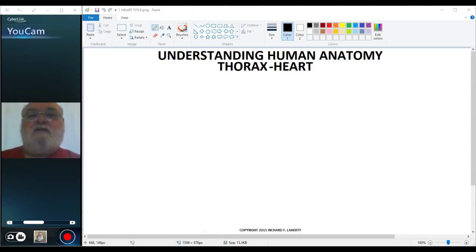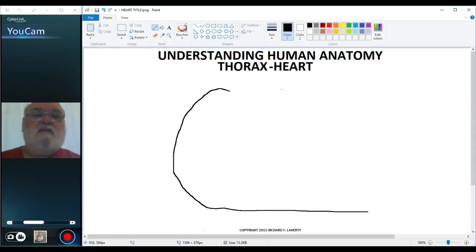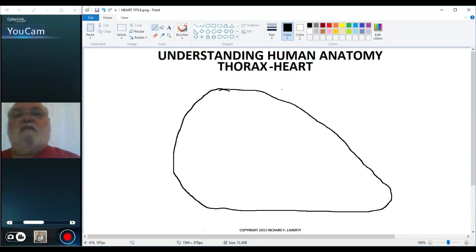I'm going to start by just getting a nice outline of the heart. So we're going to start here, come over to the right, and over like so, and then complete our heart.